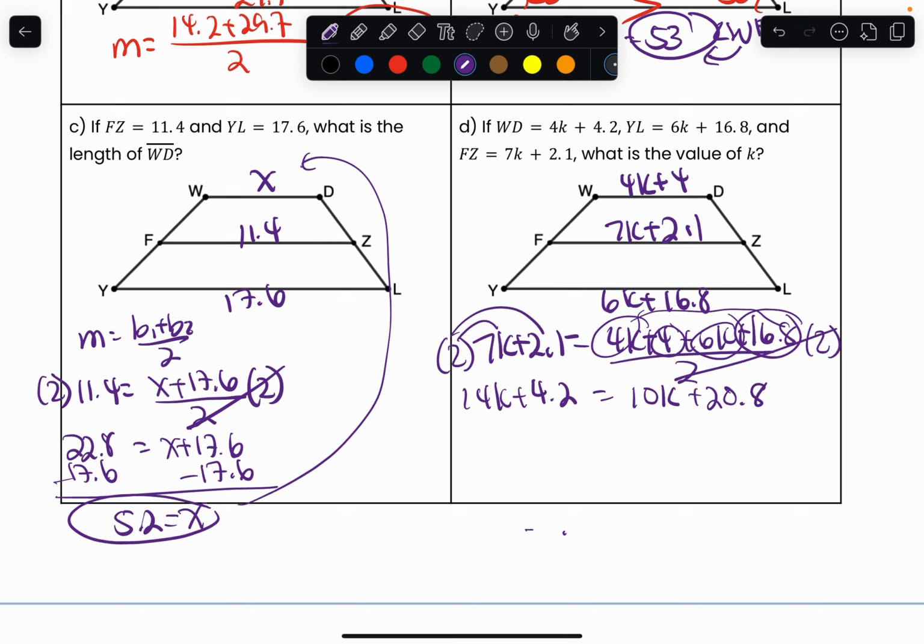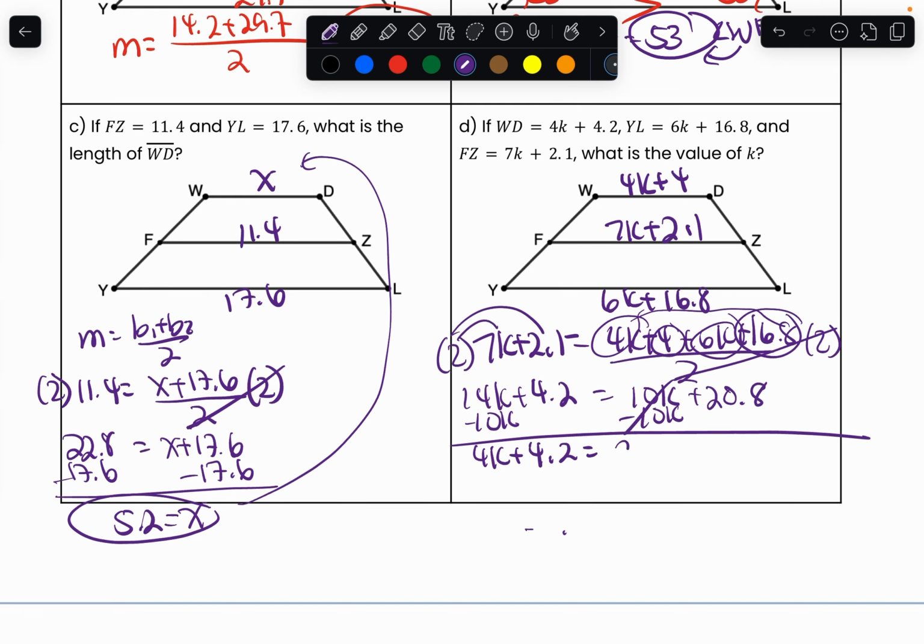Now I'm going to subtract 10k from both sides. This cancels out, this becomes 4k plus 4.2 equals 20.8. Now subtract 4.2 on both sides. Cancels, gives me 4k equals 16.6. Now I divide both sides by 4 here.